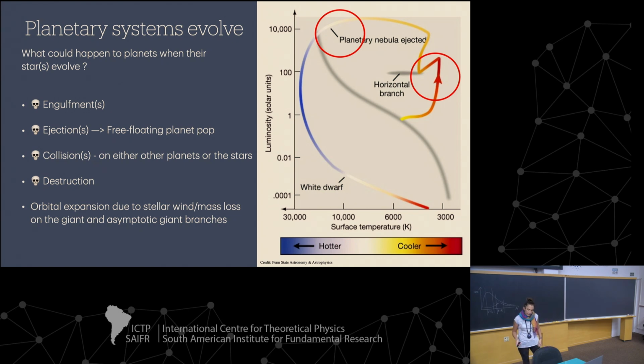One of the usual effects of the evolution of the star is the orbital expansion of the planet. So if the planet was at 150 solar radii when the star started growing, the planet is going to migrate outwards. And obviously, these are the key points where things happen.